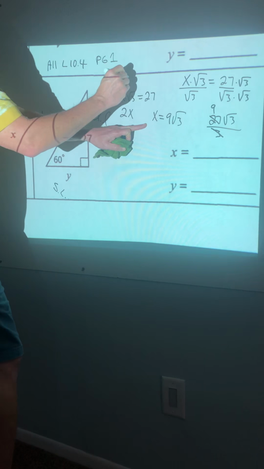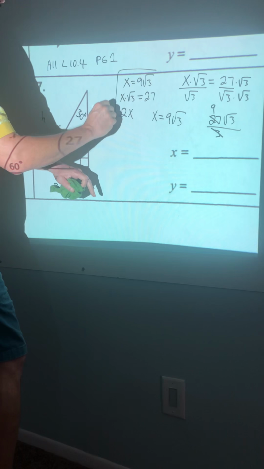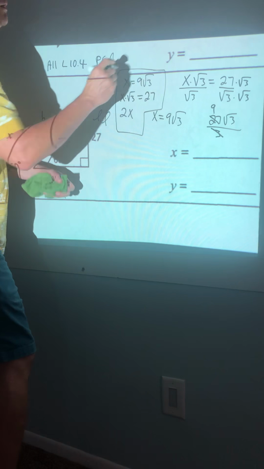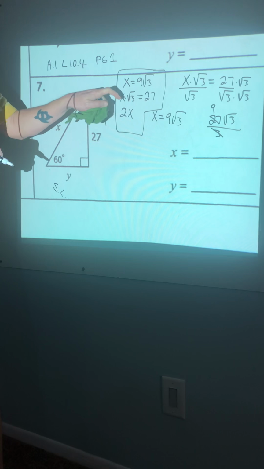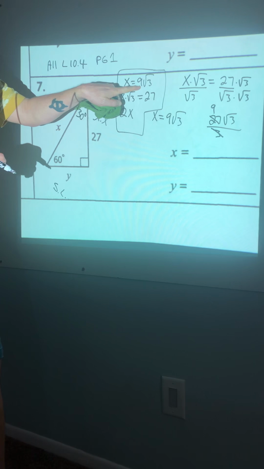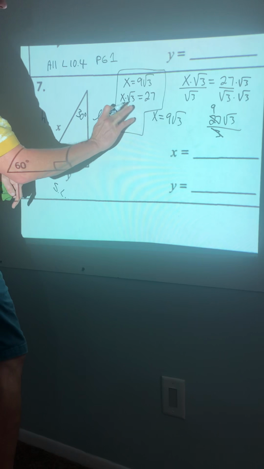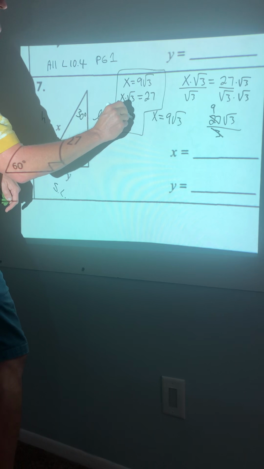And that comes up here in your chart. So x is 9 radical 3, we were given that one, and then whatever x is, you're going to double it, so you're going to double 9 square root of 3, and you're going to get 18 square root of 3.